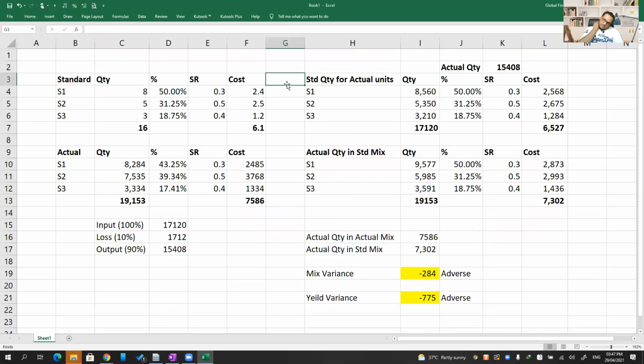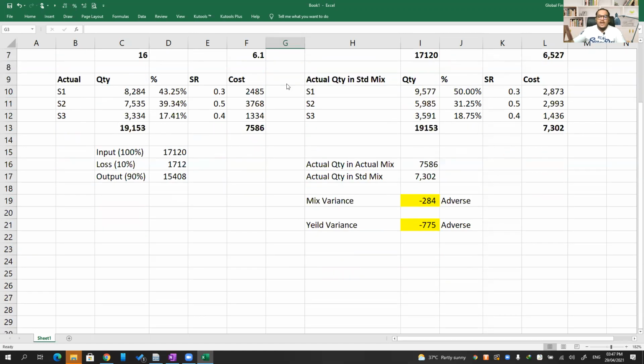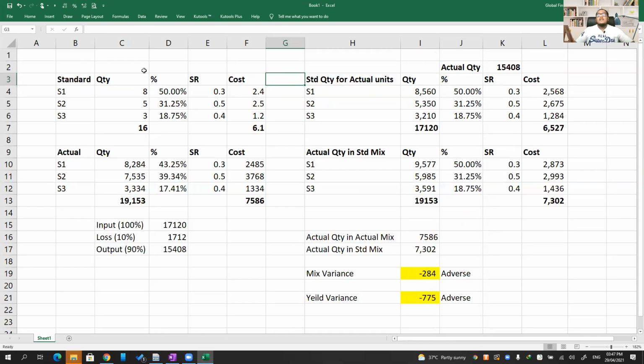So these are the details. So now let me explain you, sir, calculation is fine. Let me explain you the logic behind that, okay? What is the logic behind these numbers and what we need to do to understand this, okay? So first of all, please understand that when we are dealing with multiple items, we can change the composition, we can change the mix of the materials, mix of the labor, mix of the overheads to gain advantage or to have adverse variances.